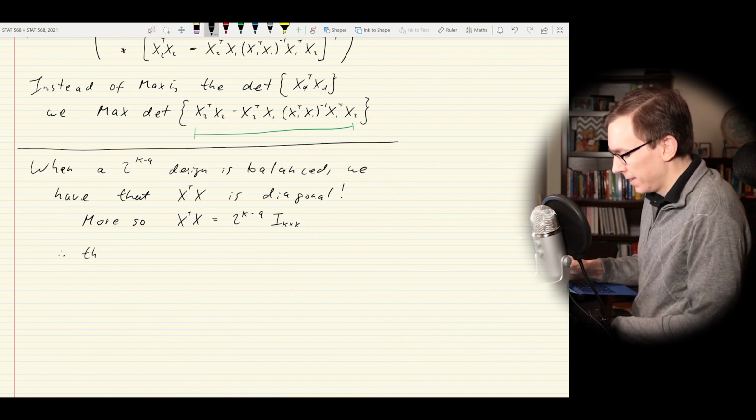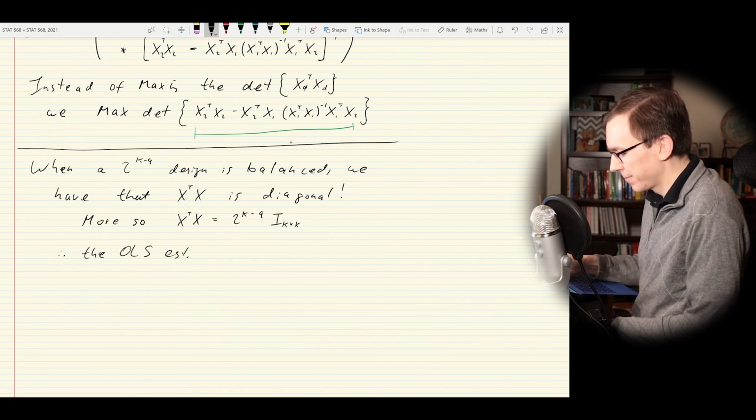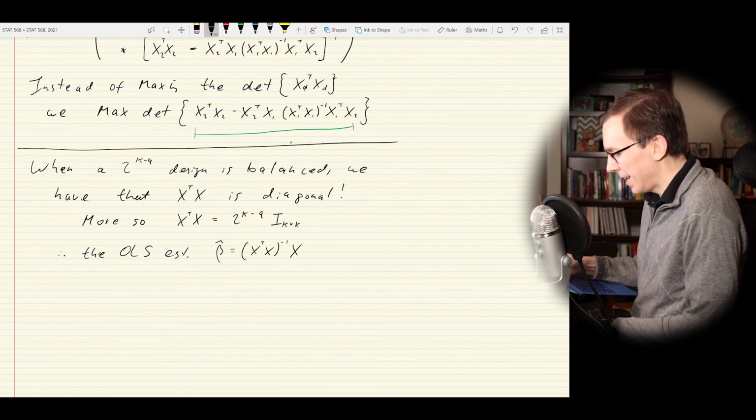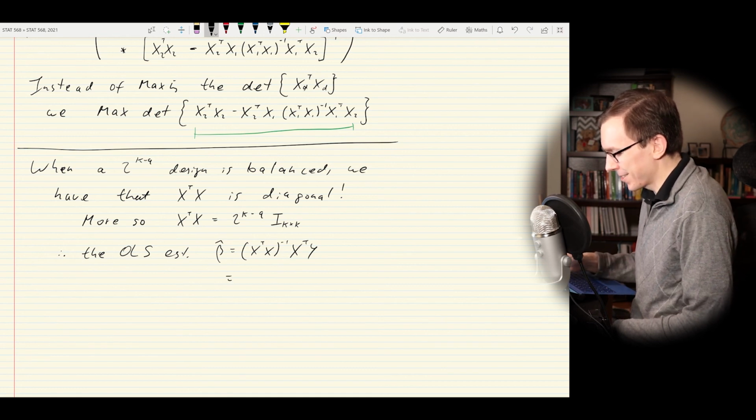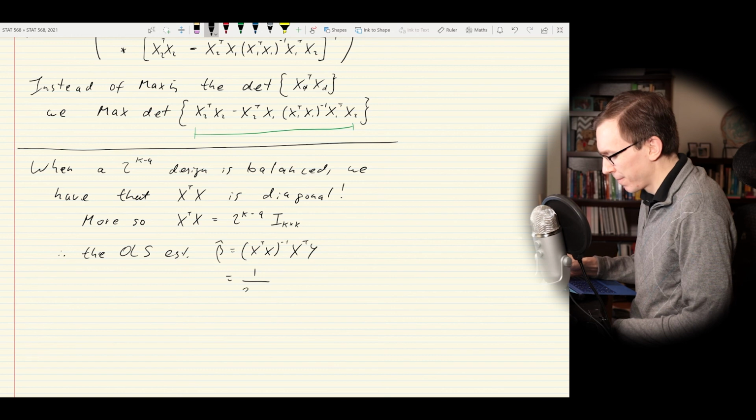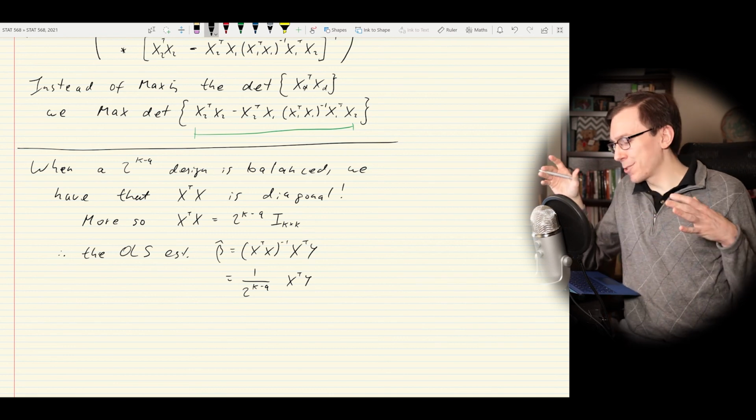Therefore, the ordinary least squares estimator is, remember, what's the ordinary least squares estimator? It's going to be x transpose x inverse x transpose y. Well, in this case, x transpose x inverse is just going to be 1 over 2 to the k minus q, and then we're going to multiply x transpose y. So again, it makes things really nice.